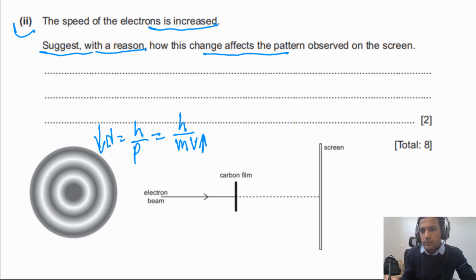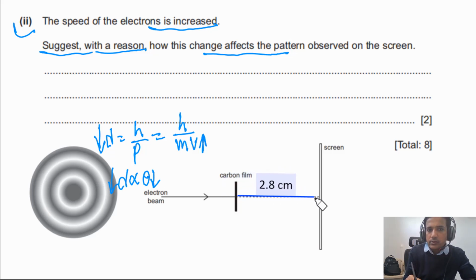One more thing you need to understand, lambda is directly proportional to theta. If lambda decreases, it means theta also has to decrease. We can also understand from here, first of all, let's say this is our center bright fringe, first fringe, and this one is the second.